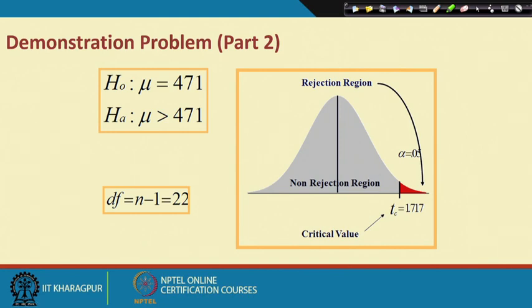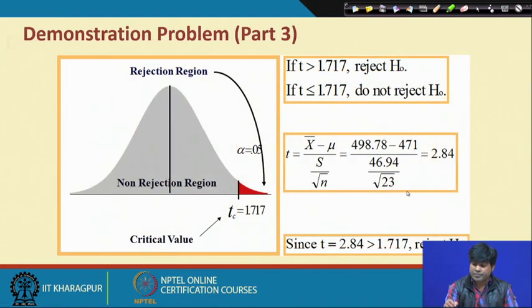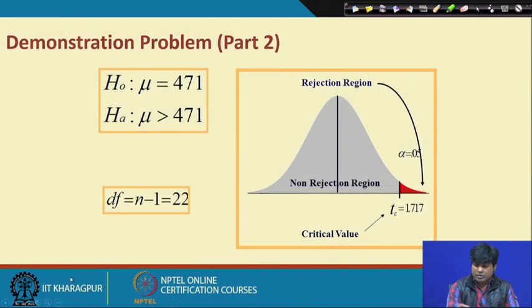Now, corresponding to this data, we are fixing the population parameter at 471, that is mu equal to 471 for H0, and the counterpart will be mu greater than 471 for the alternative hypothesis. As a result your critical value structure will be like this, since it is mu greater than, and your typical critical value zone will be on this side only.